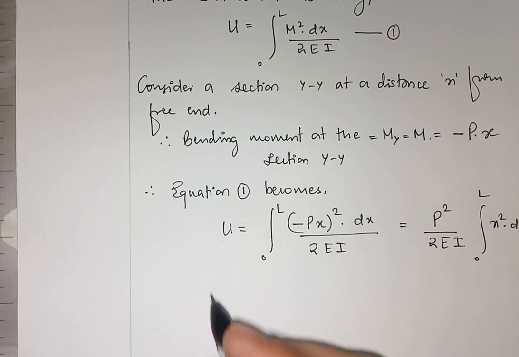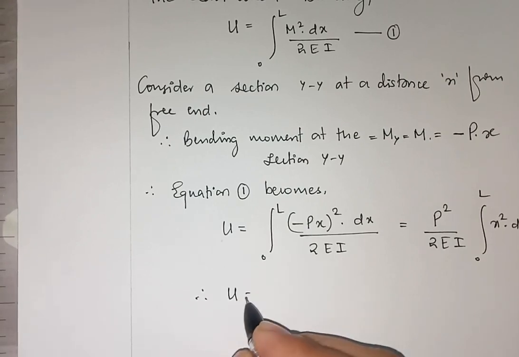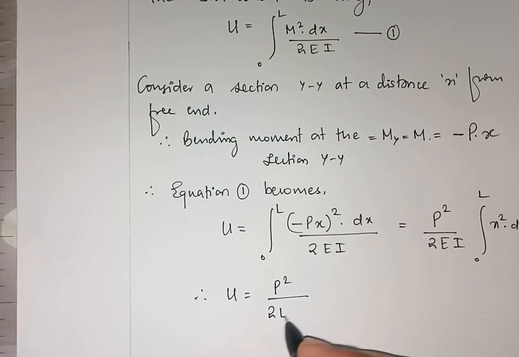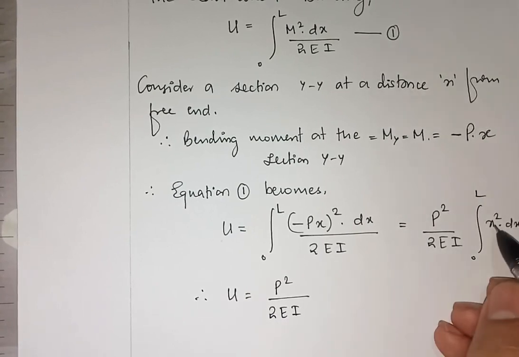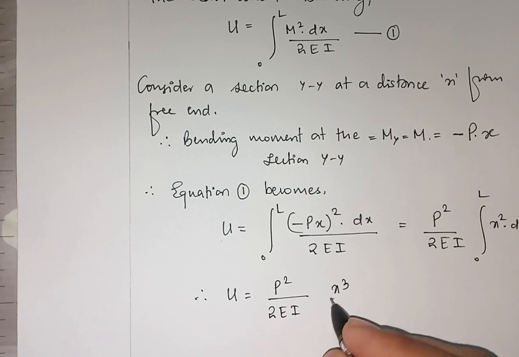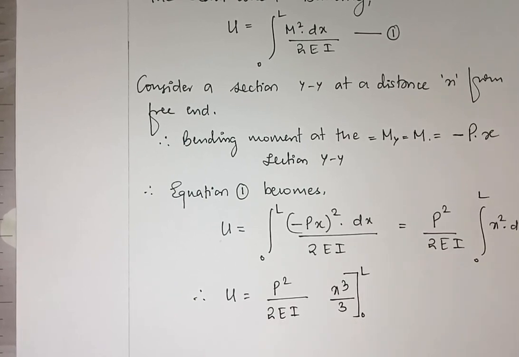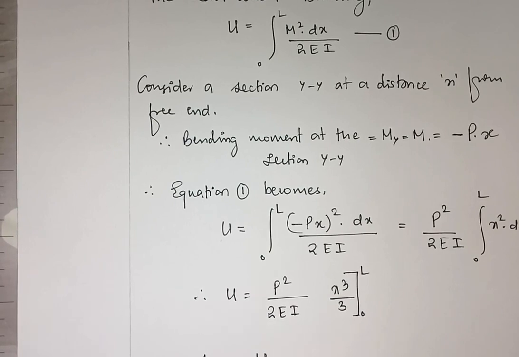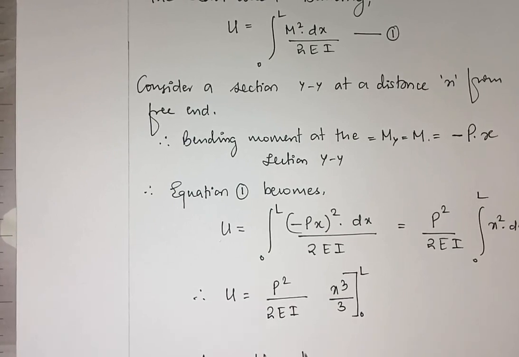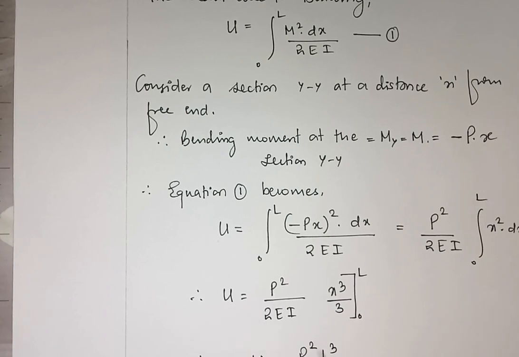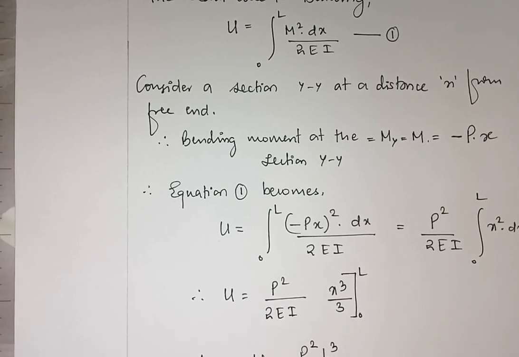Now therefore U is equal to P square divided by 2 times E into I. Now this will be x cube divided by 3, and it will be from 0 to L. So therefore U is equal to P square L cube divided by 6 EI.